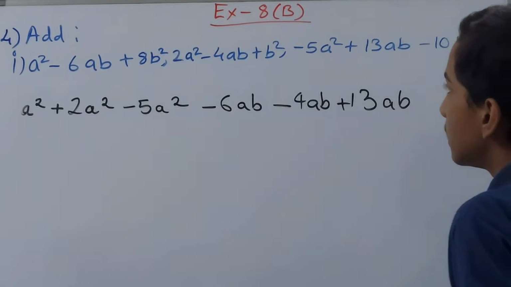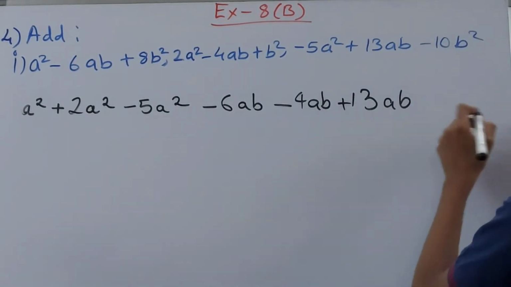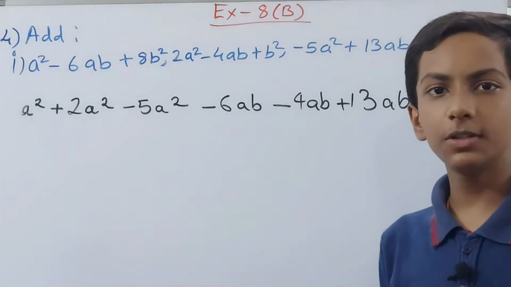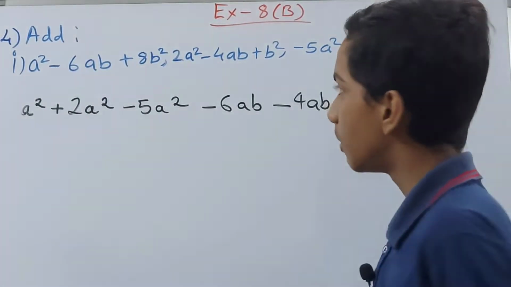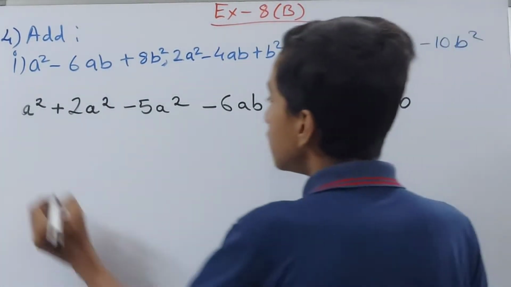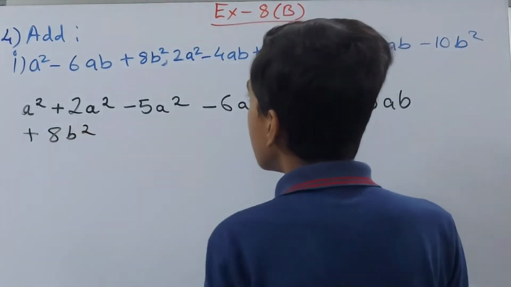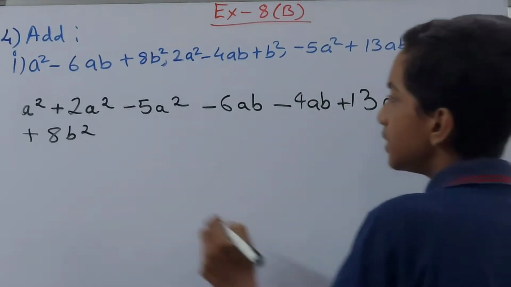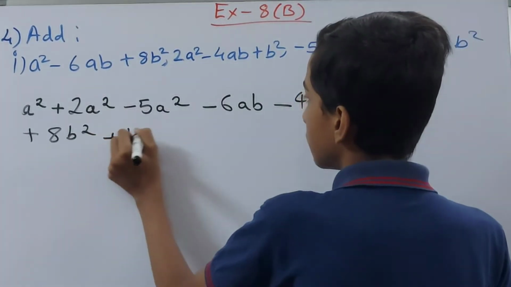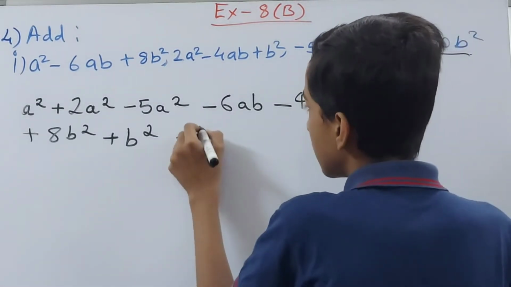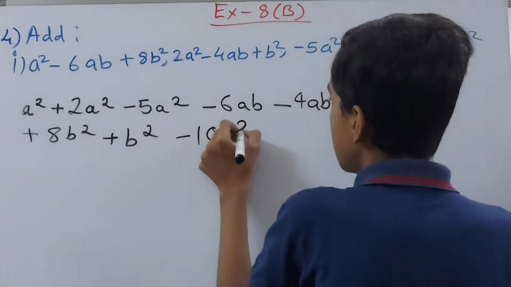Next we will have 8b square, so terms with b square in their variable part again, so this will be plus 8b square, then plus b square, and then minus 10b square.